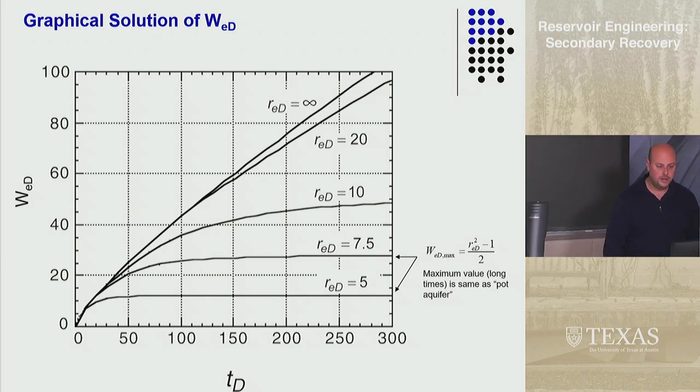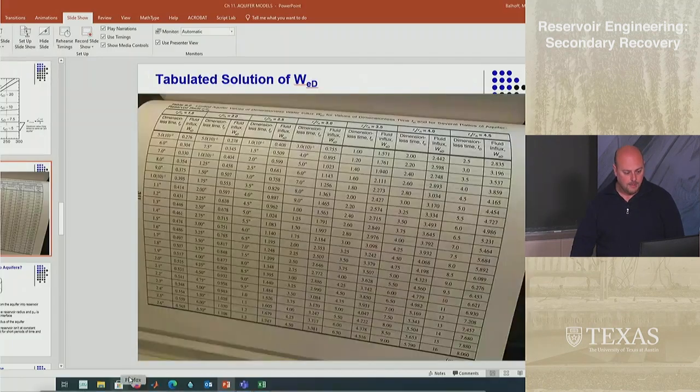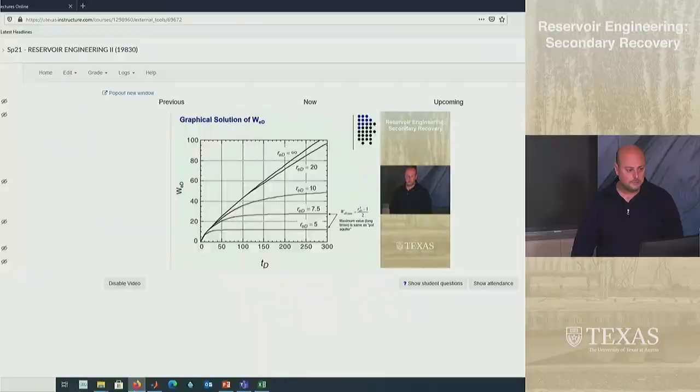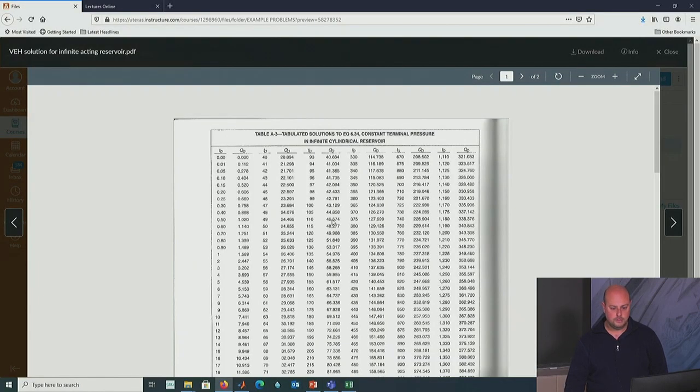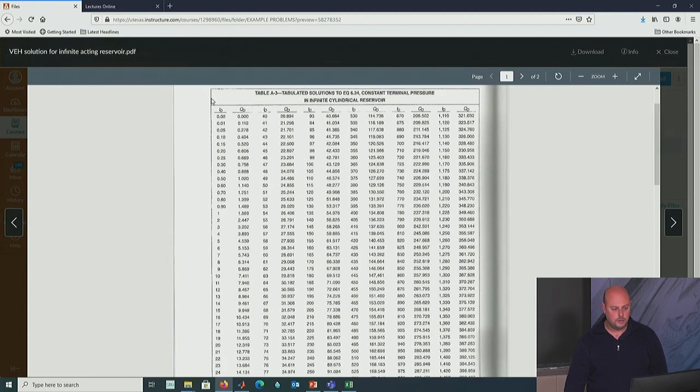So that is WED from these plots. There's one last way to do it, and that's from tables. These are the tabulated solutions of WED. I'm actually going to go to Canvas, and this is what the table is. Now, the nomenclature is a little bit different than what we're doing here. They use QD instead of WED. They use capital Q to indicate it's cumulative rather than lowercase q. But of course, we mean WED.